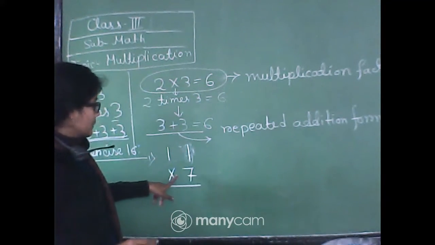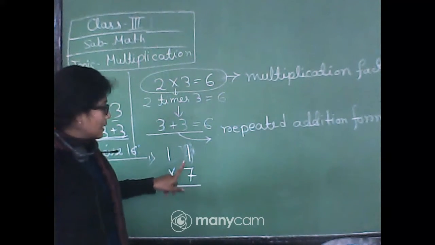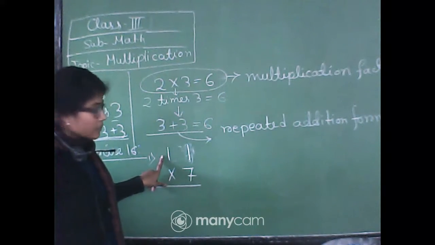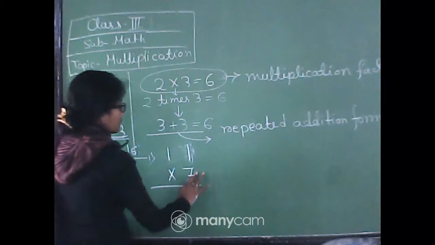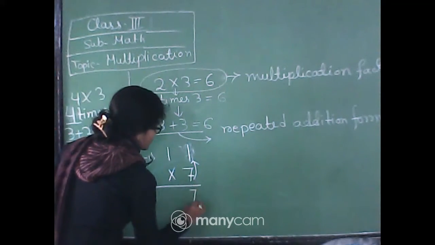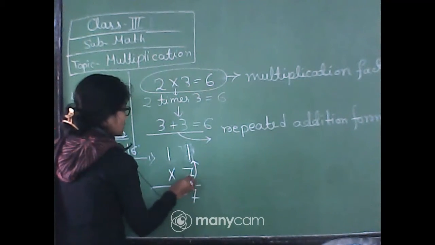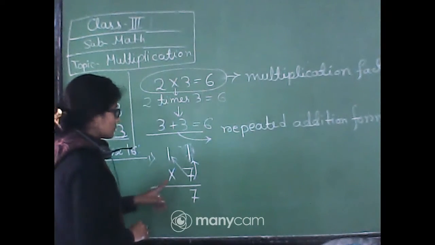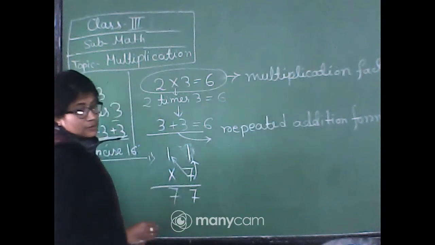Whatever the number is below, you have to multiply this number with each of the numbers on the top side. First you will multiply this 7 with this 1. So 7 ones are 7. This part is done, there is no carry. Then this 7 will once again multiply with this 1. So 7 into 1 is 7.